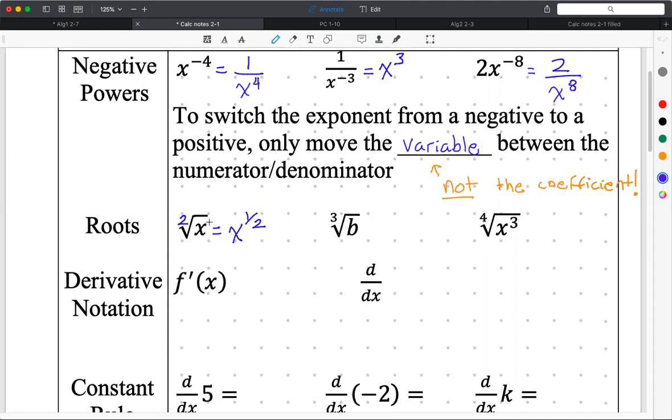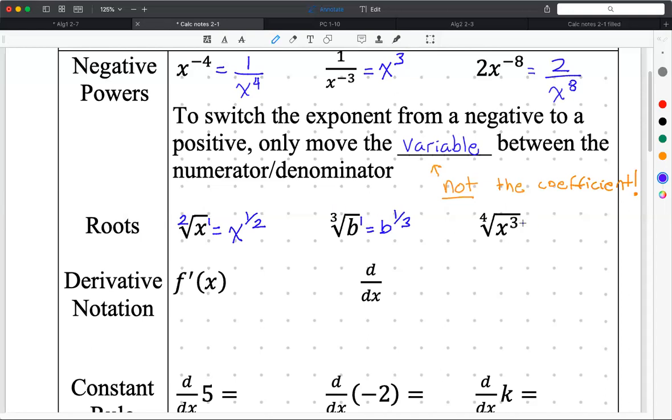And whenever I have an x, it's a hidden power of 1. So to the power of 1 divided by 2. Okay, what about the cubed root of b? Someone aside from Fiona. Andrea. B to the 1/3. It is indeed b to the 1/3. Again, we have a hidden 1, so b to the power of 1 divided by 3.